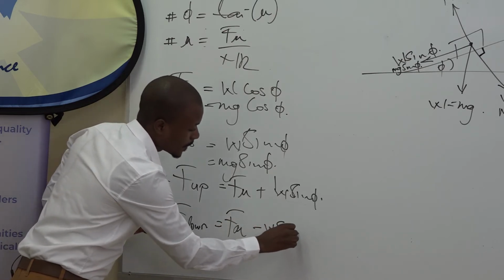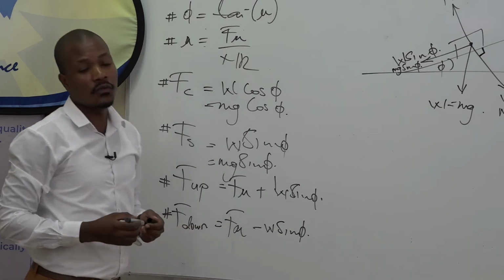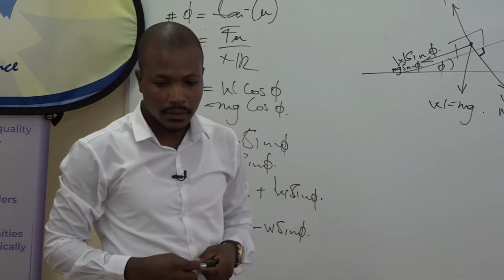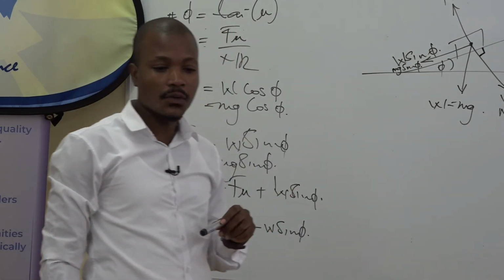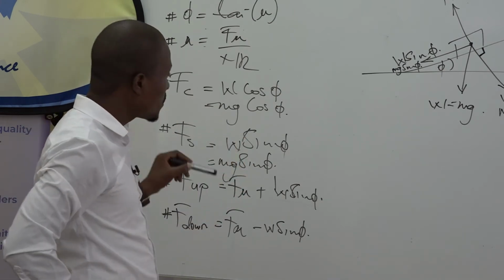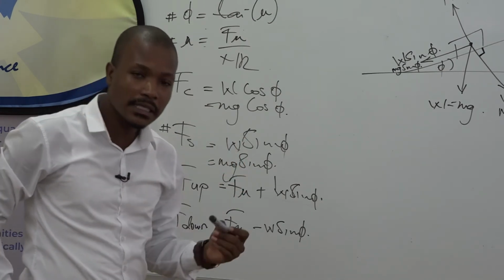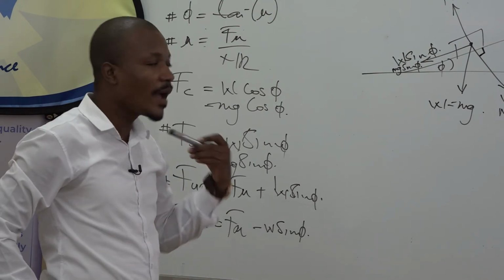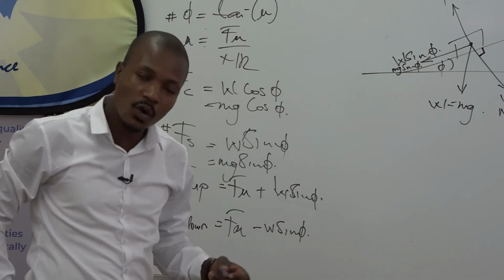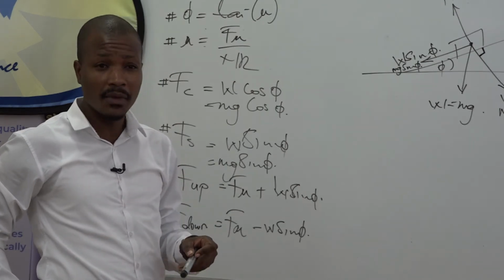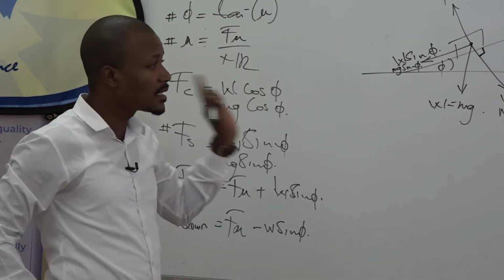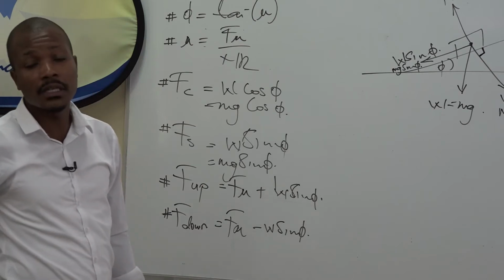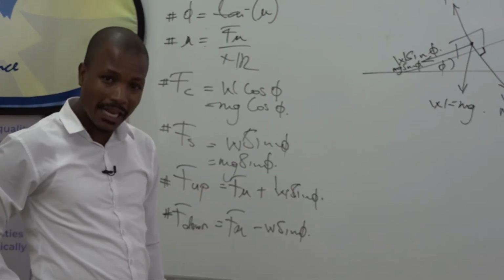Down. To move the object down. We need to understand these equations and we need to know them by heart. If you understand them, you know how to apply them, where to apply them, why to apply them, and how to apply them. It will simplify the basic concepts of engineering science when it comes to the inclined plane.